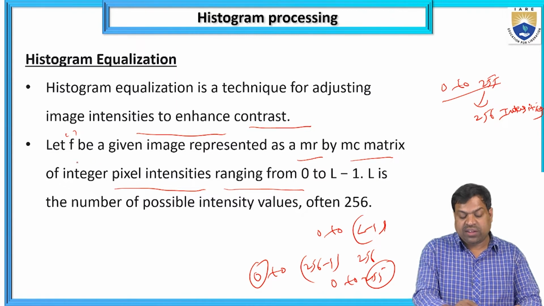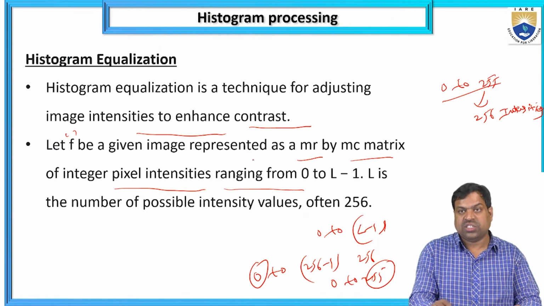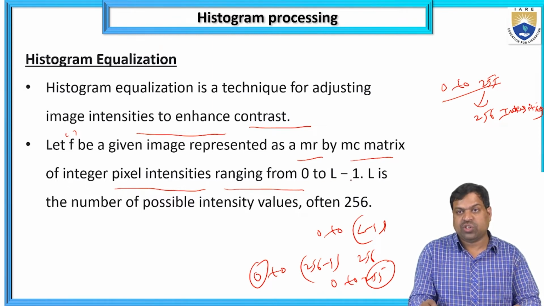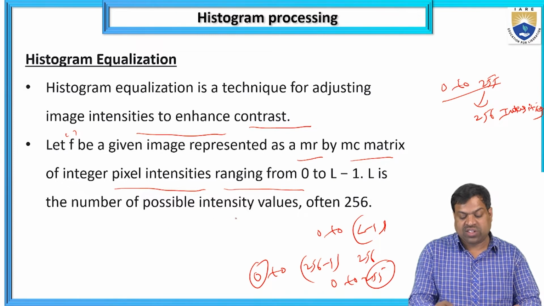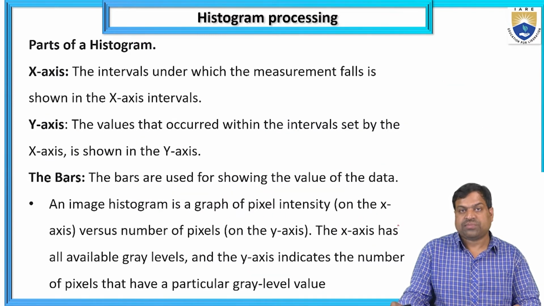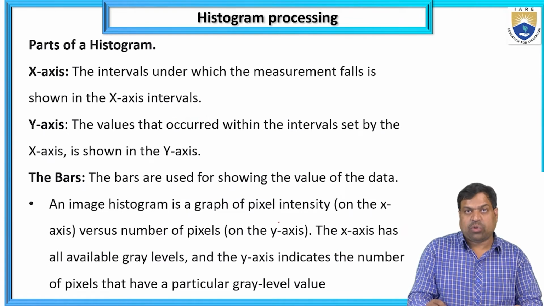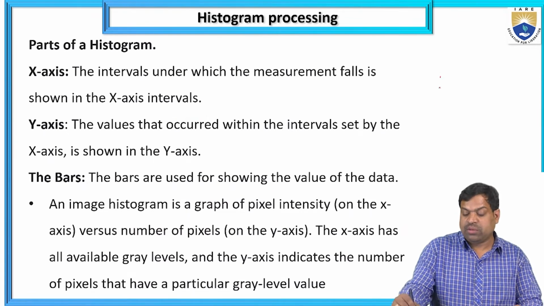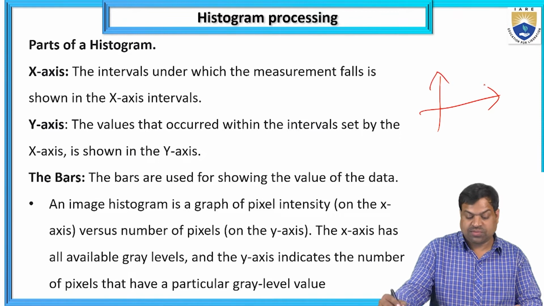And here F is a given image represented as an MR by MC matrix of integer pixel intensities ranging from 0 to L minus 1. Here L is the number of possible intensity values, 256. And what are the parts of a histogram? Here I'm taking the x-axis and y-axis.